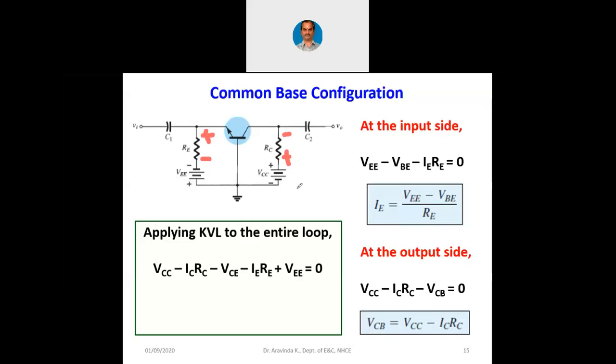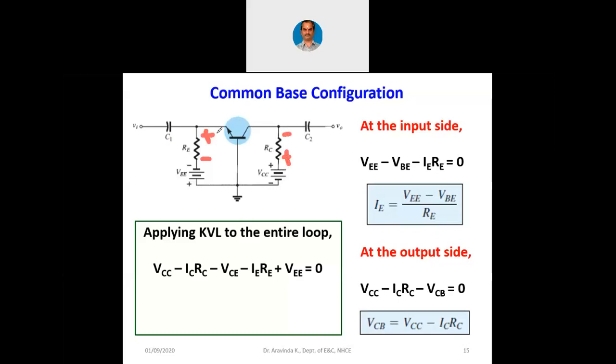Convention in the sense, when the current flows through a resistor, wherever the current is entering and wherever the current is leaving, they are respectively given plus and minus symbols, because the current, when it is flowing through the resistance, is going to induce a voltage drop across the resistance, and the flow of current is in this way, from plus to minus.